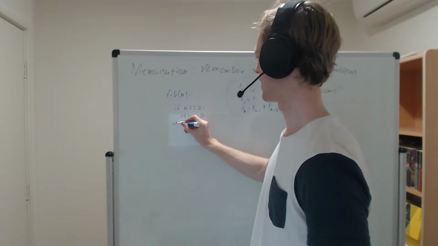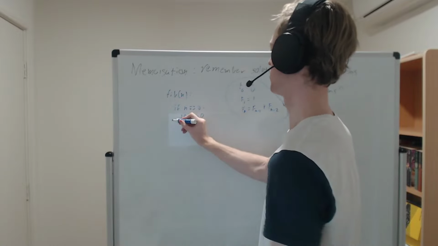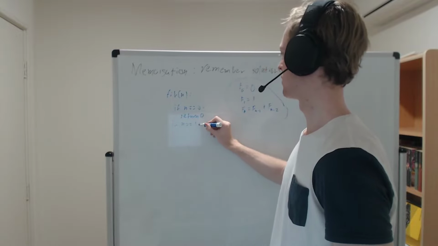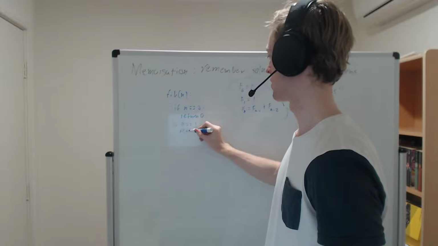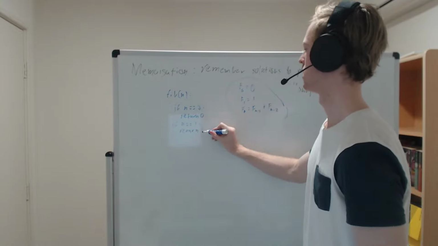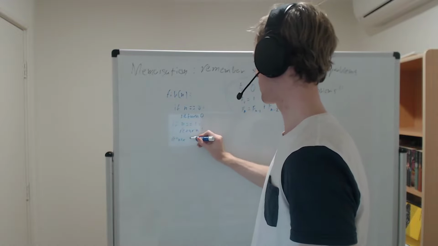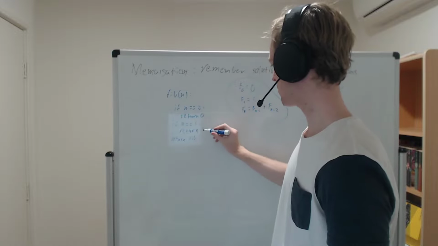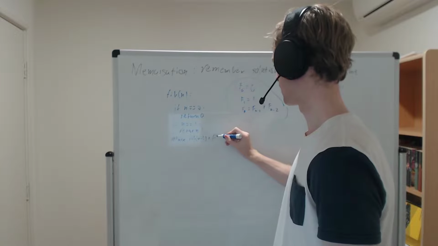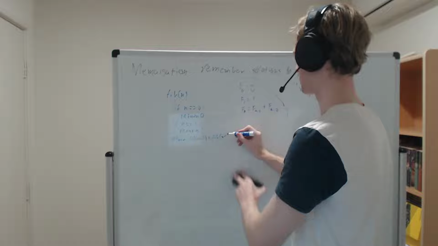So we'll do elif n, oh sorry, we actually can just do if n equals 1, we return 1, because that's our first term. Otherwise, we return fib of n-1 plus fib of n-2. Cool.